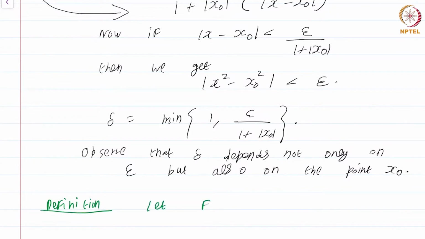Let f from set A to R be a function that is continuous.